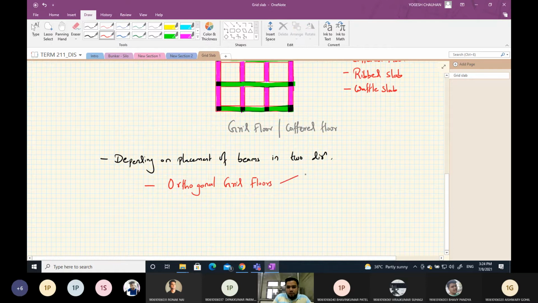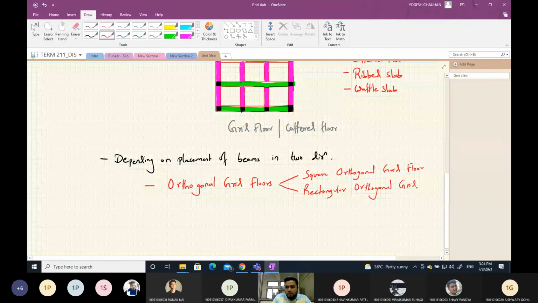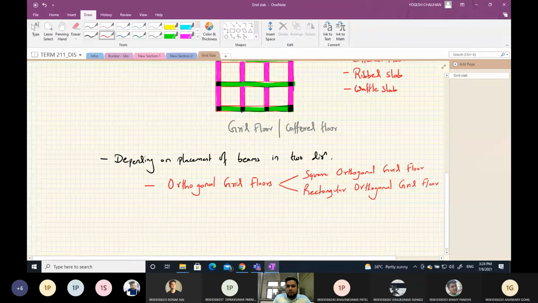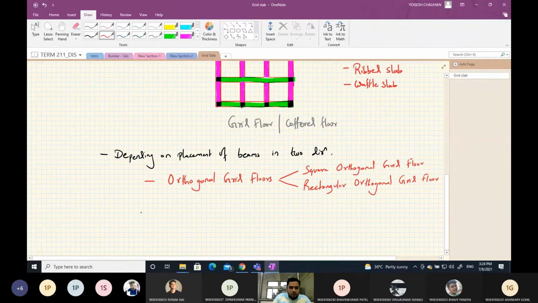Now this can again be a square orthogonal grid floor, or it can be a rectangular orthogonal grid floor. Or it can be a diagrid.